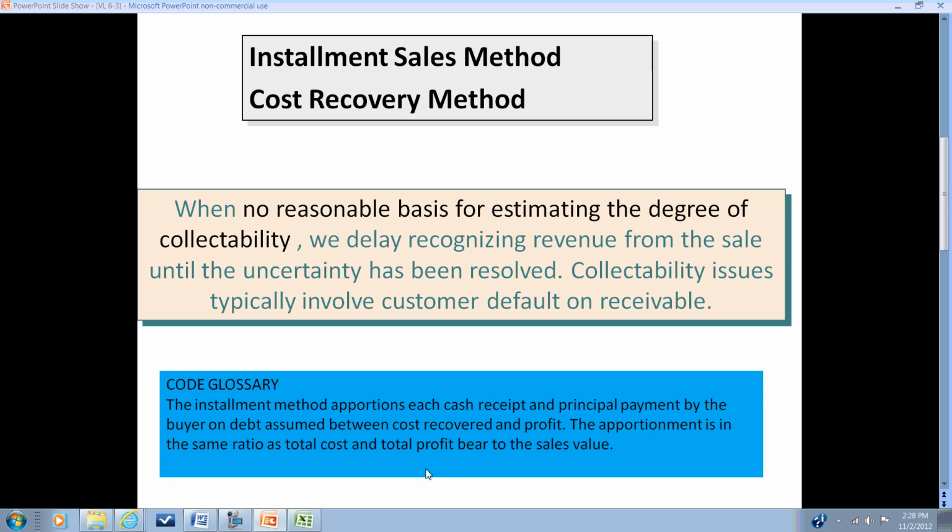When we have an installment sale, the revenue from that sale is not reported with net sales on the income statement. Gross profit will be a separately reported item on the income statement. So the sales and the associated cost of goods sold is not reflected on the income statement for installment sales.